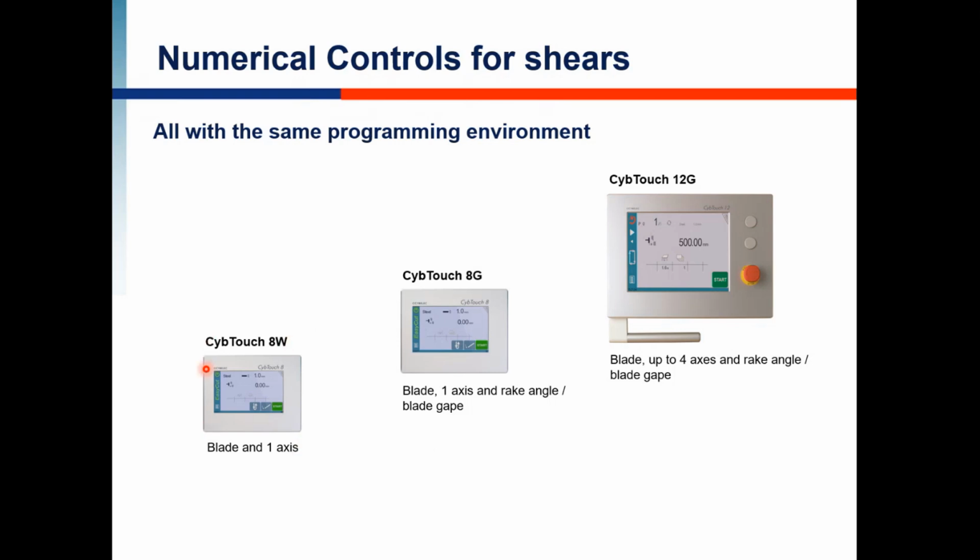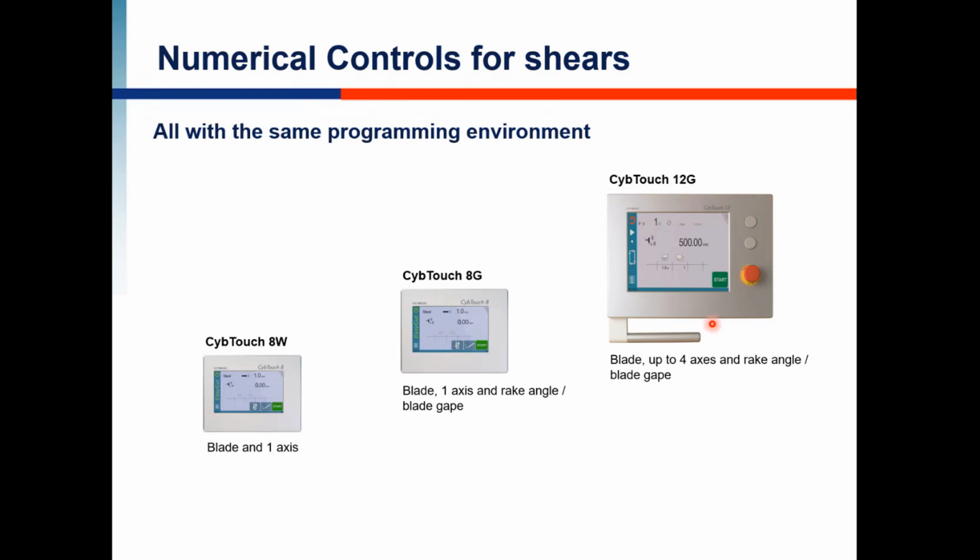This one mostly manages the blade and 1 axis. The 8G can manage the angle, which means we will adapt before we cut. We adapt the cutting angle depending on the metal sheet we need to cut, the thickness, and the material. And we also adapt the blade gap, which is the space between the blades, automatically depending on the thickness and the material as well.